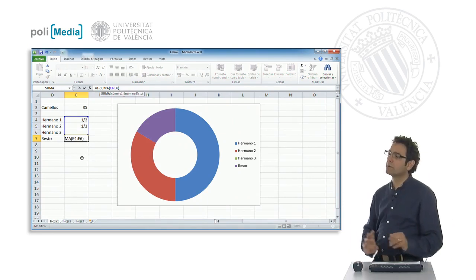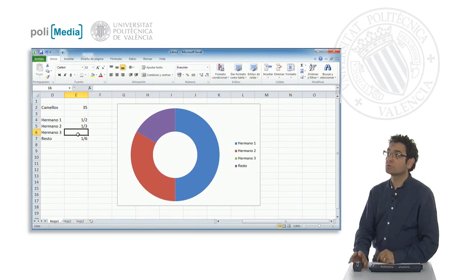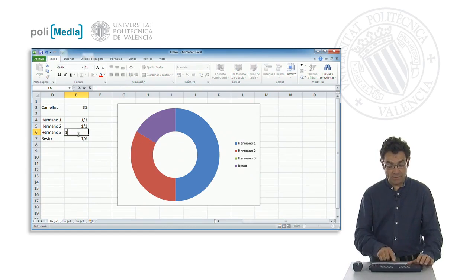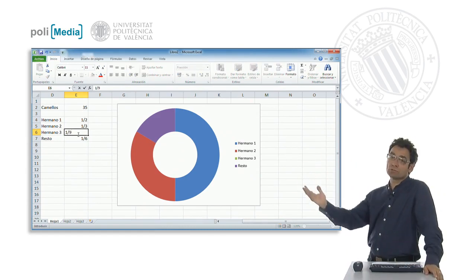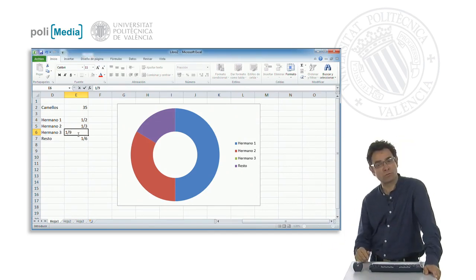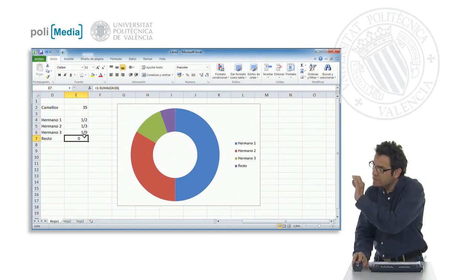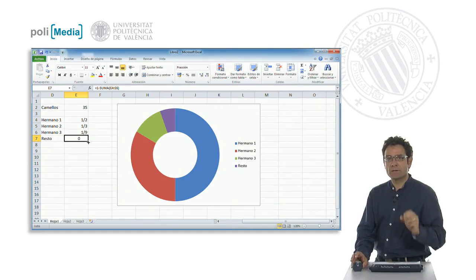This is correct, and the minute we put what corresponds to the inheritance of the third brother here, which is ultimately 1/9, we will see that the remainder will no longer be 1/6, but rather it will be the difference, 1/6 minus 1/9, which even though Excel does not put a 0, because it isn't able to calculate very well this difference of fractions.